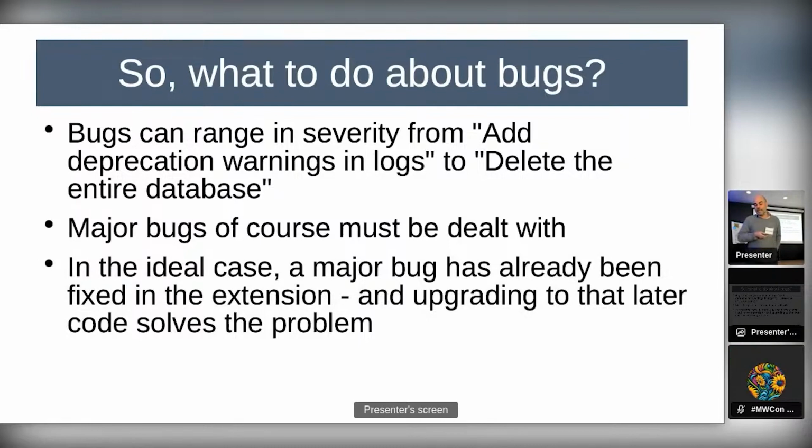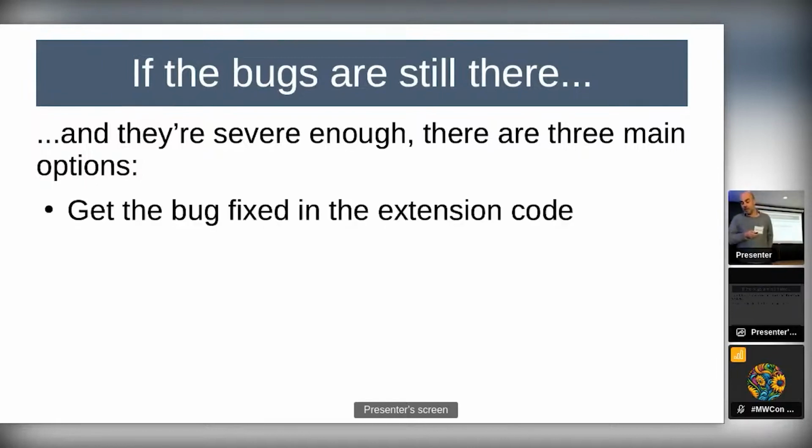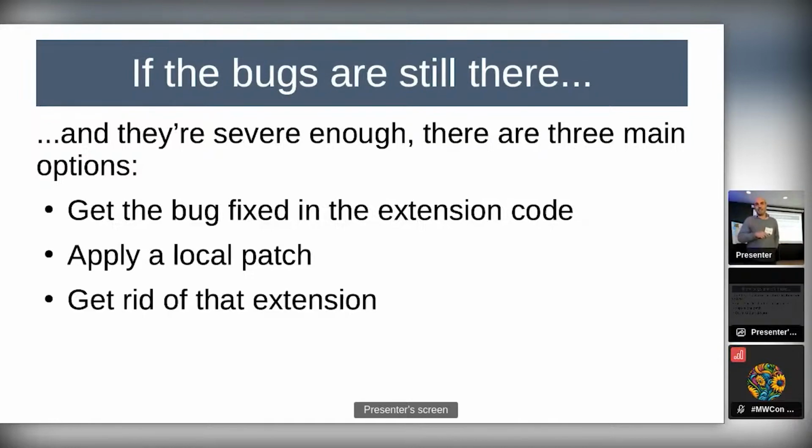In the ideal case, if you're running a wiki farm or package, or just a random wiki, and you encounter a bug, it's already been fixed in the extension. You just need to upgrade to that later code. But what do you do if that's not the case, if the bug is still there and it's severe? Well, you have three main options. You can try to get the bug fixed somehow, report it to the developer, or try to fix it yourself and send the patch. You can just apply a local patch, or you can get rid of that extension.